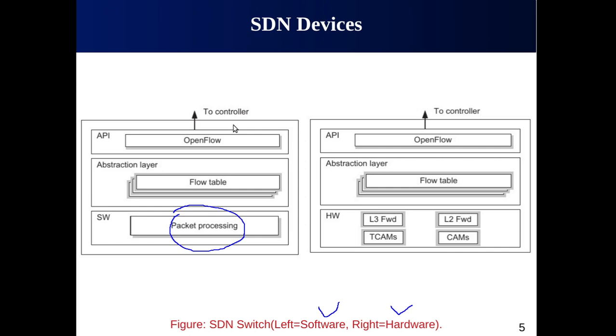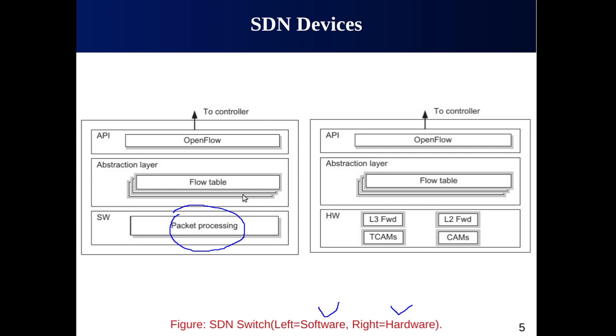What to do with the packet? In case of a hardware switch, these mechanisms are implemented by specialized hardware. In case of a software switch, the functionalities are somewhat simpler because they are programmable as compared to the hardware switch.